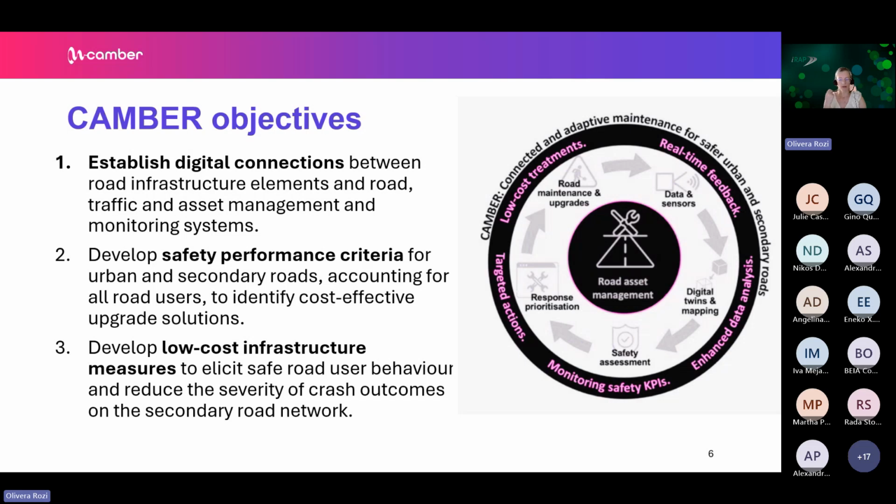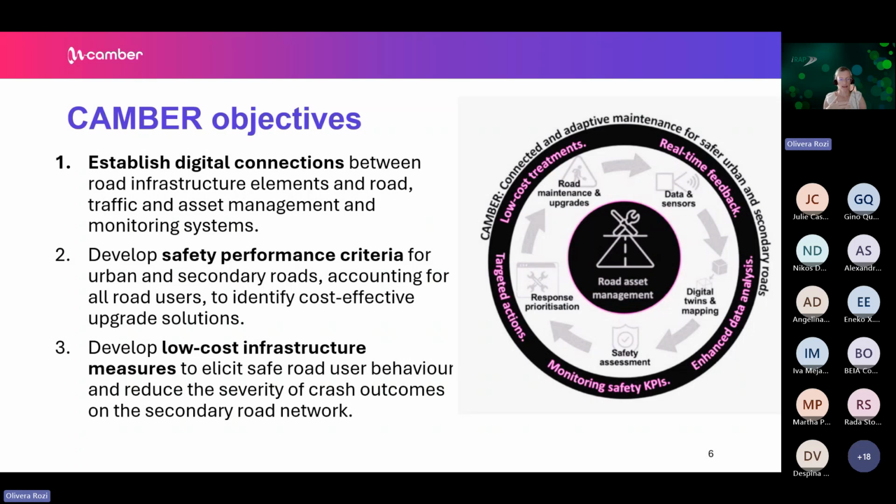Our 5 pilots will use advanced data from sources like connected vehicle sensors, smartphone telematics, or road user reports. We will also create a digital twin roadmap for wider adoption, supported by standardized data definition and specification for road infrastructure.